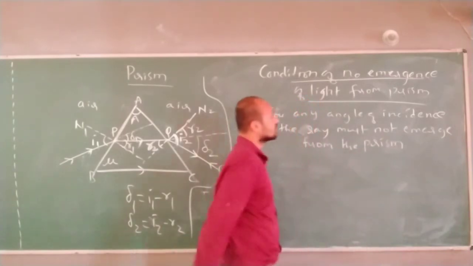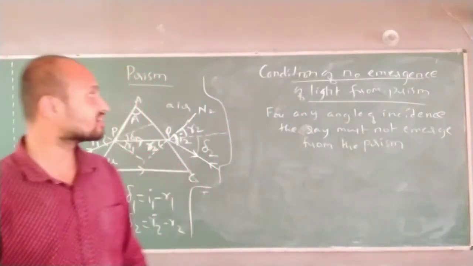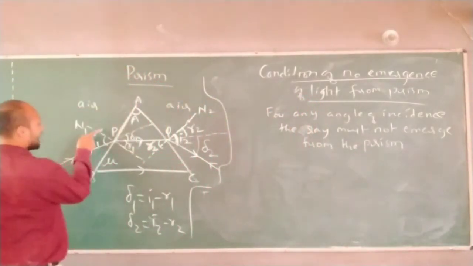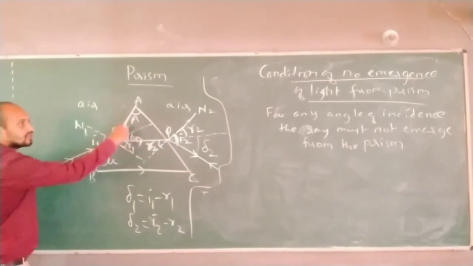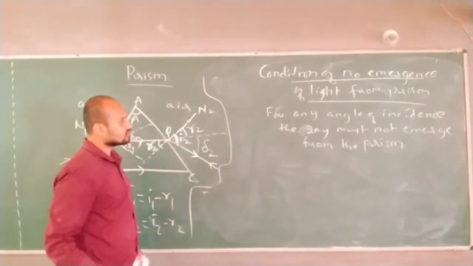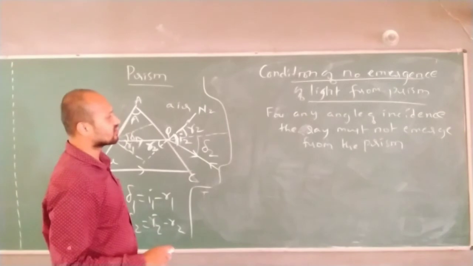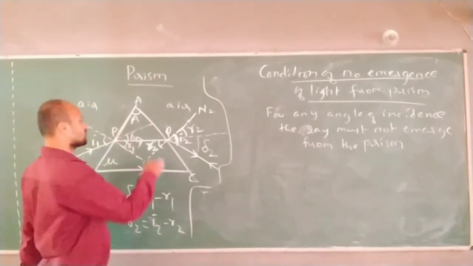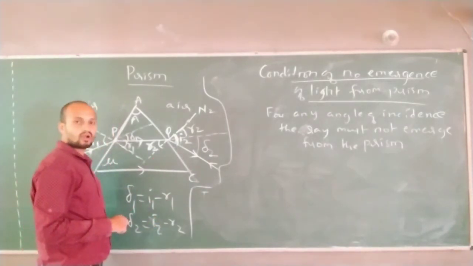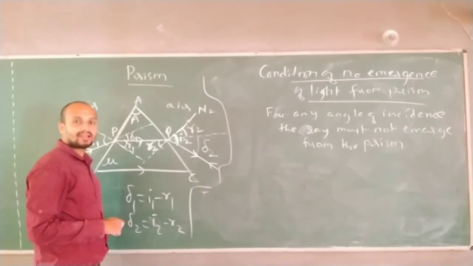Got it now? For any angle, what is the condition here? If you send I1 with any angle, for any angle of incidence, what must be the condition of emergence?